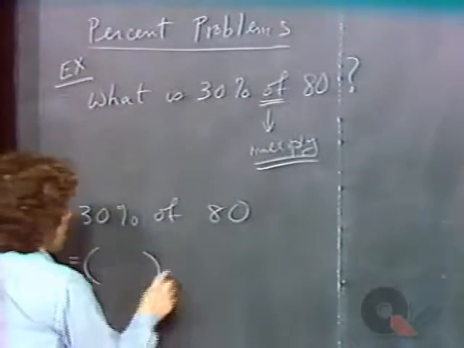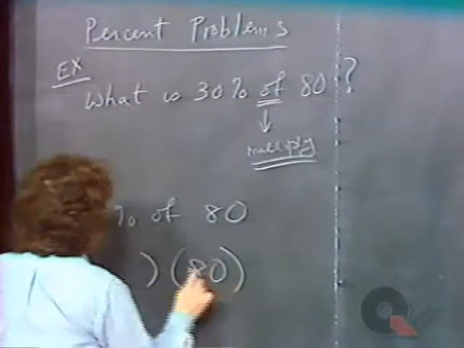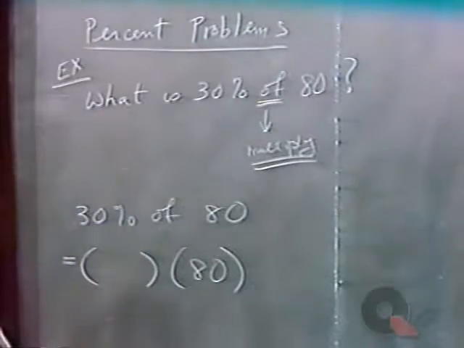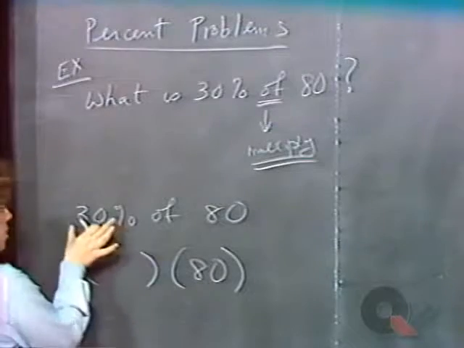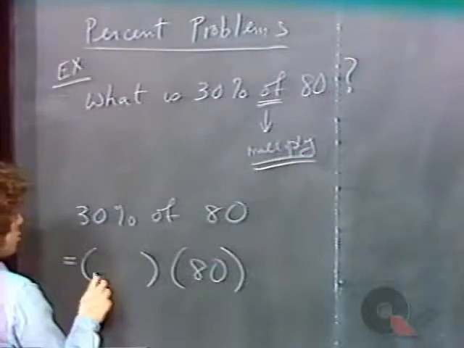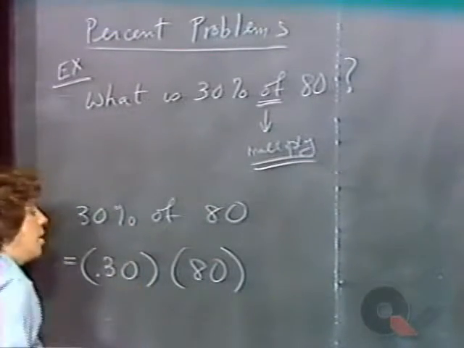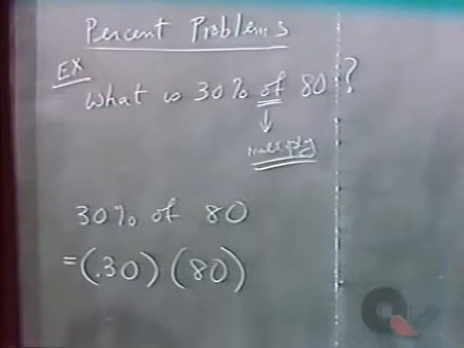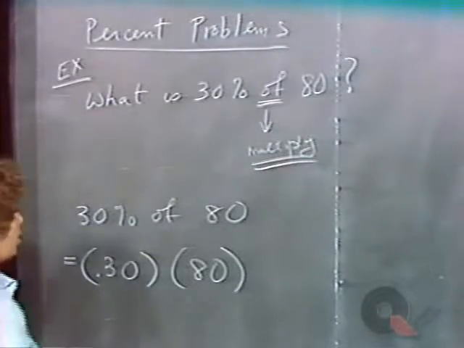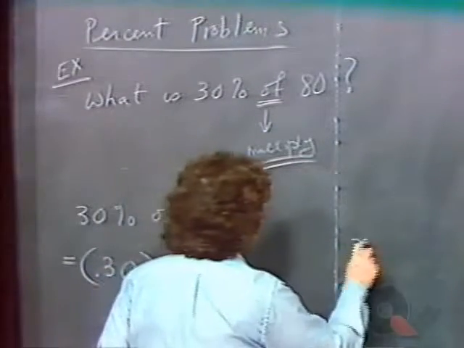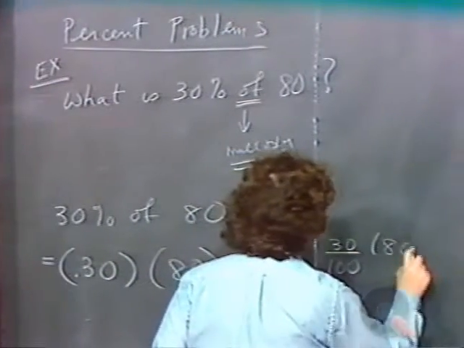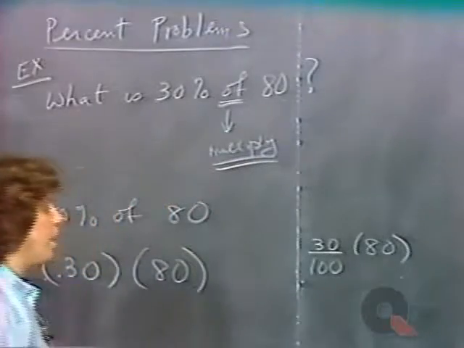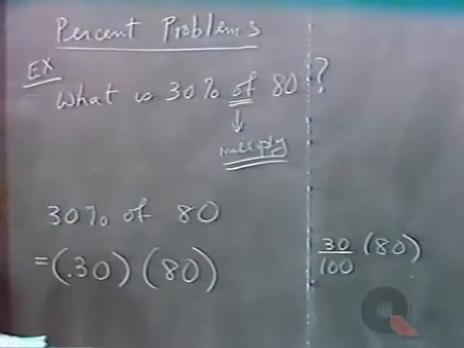That means I take 30% written as a decimal, or as a fraction. 30% is 30 100ths, or 0.30, and I multiply it by 80. It could be done either 30 100ths of 80, or in this form here.